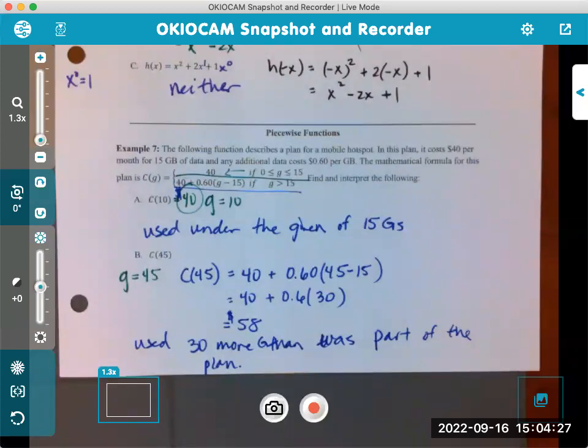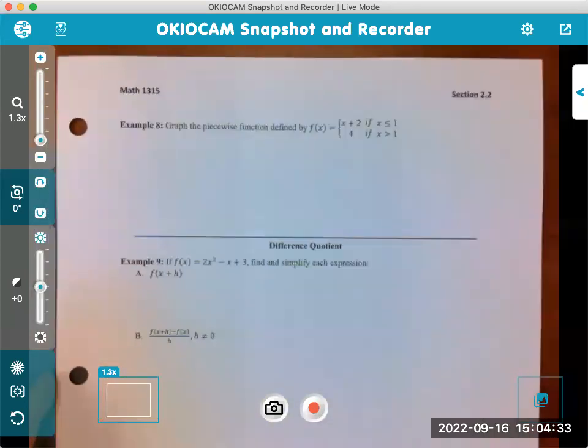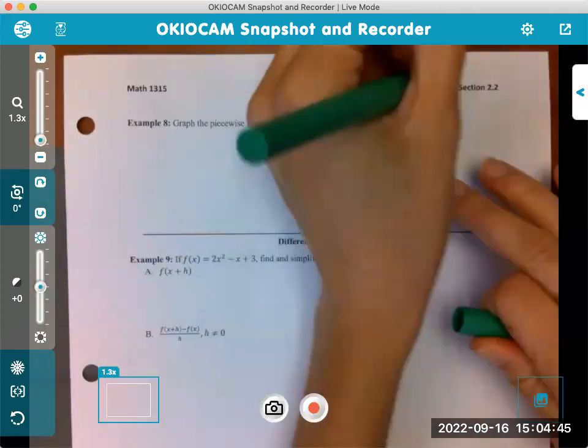All right, so moving right along with example 8, just a piecewise function here. Again, the math people back in the day did us a solid. They called it like they saw it. So this is a function made out of pieces. This has 2 pieces, right?